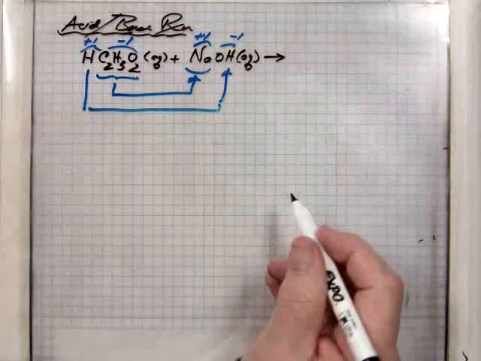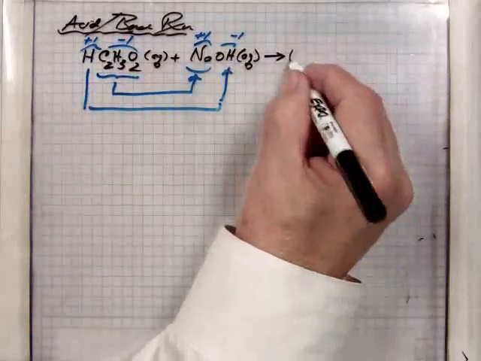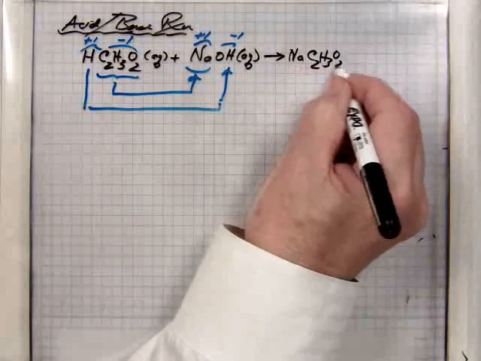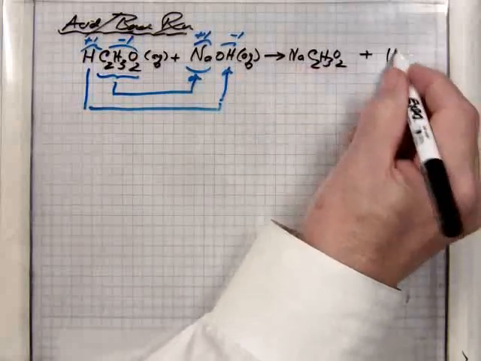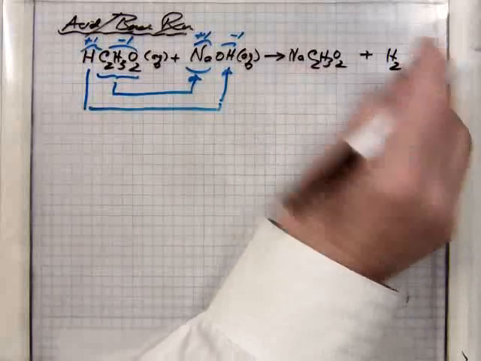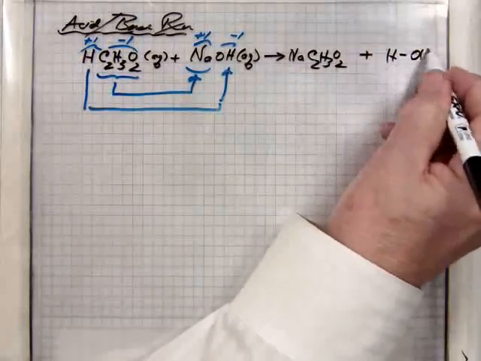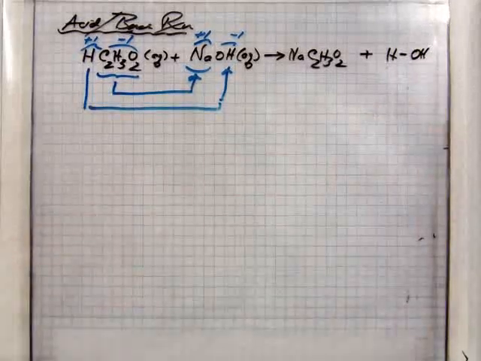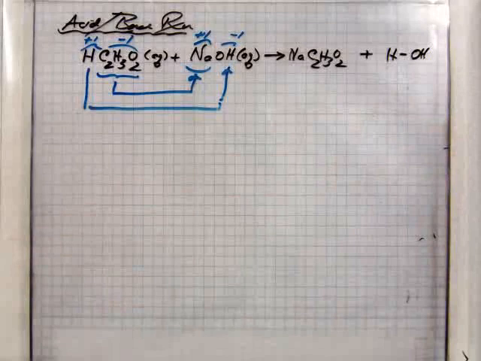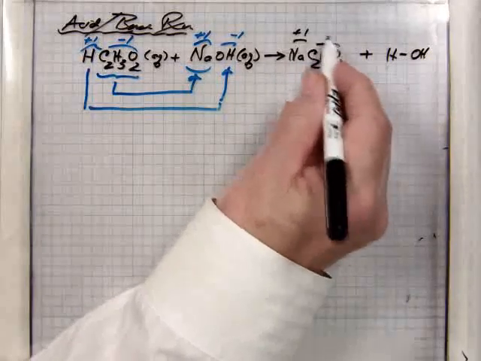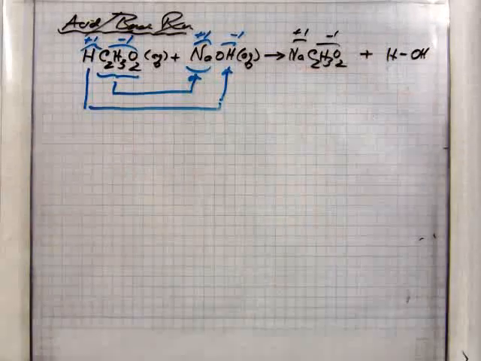So this would be a sodium acetate and water. I'm going to write this in a little bit different form, just H hooking up with the OH. Now, you have to determine what the subscripts are and balance it. Well, this is still a +1, and this is still a -1, so that's the correct formula.